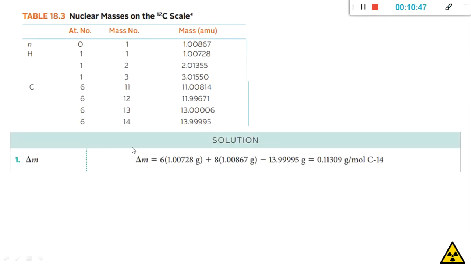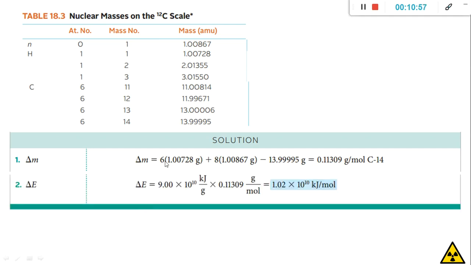Okay, so here is the solution, delta M. We have 6 hydrogen multiplied by its mass, 1.00728, plus 8 neutrons, 8 multiplied by the mass.